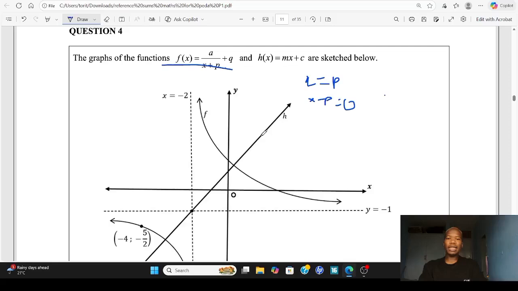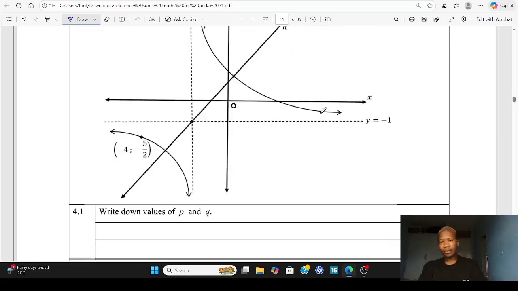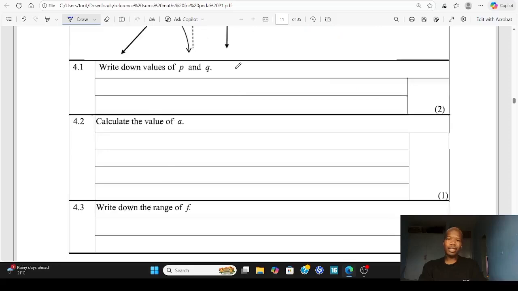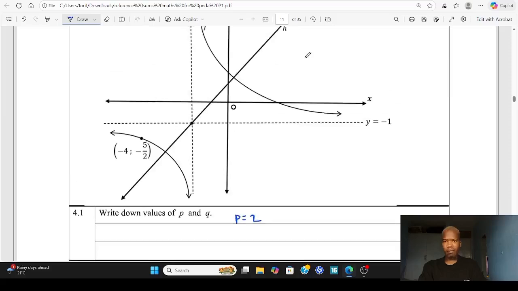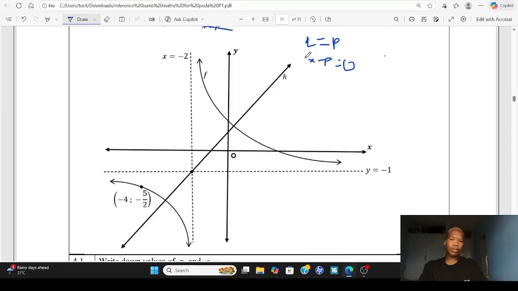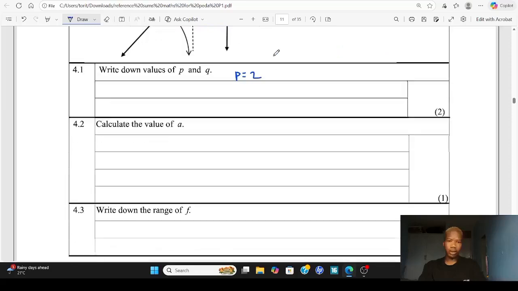Then we know that the value of p, let us write it down, the value of p will be positive 2, right? The value of q, y is equal to minus 1. It's the asymptote. So y is equal to minus 1.